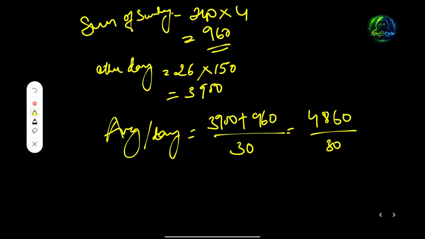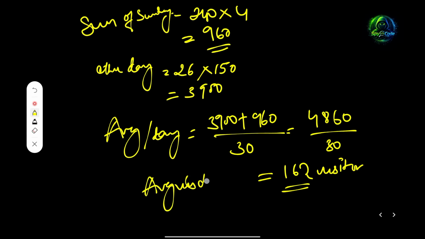So that is 4860 divided by 30, which equals 162 visitors. So the average visitors per day in that month are 162.